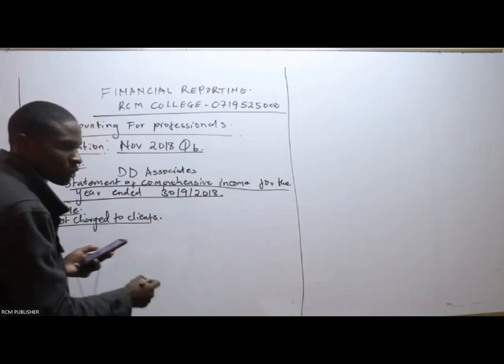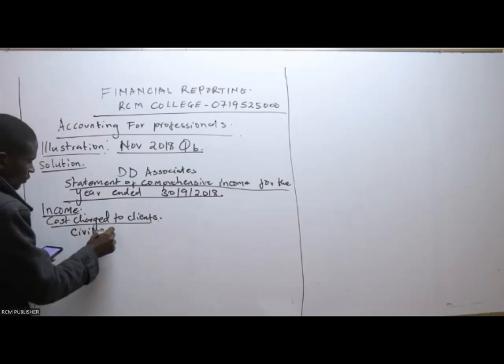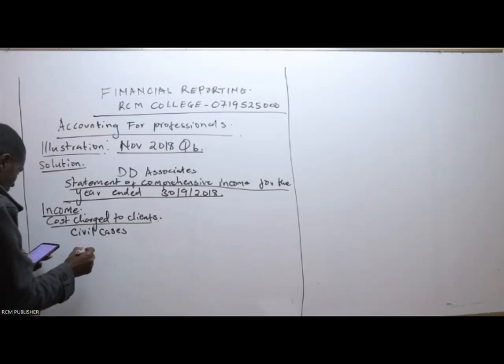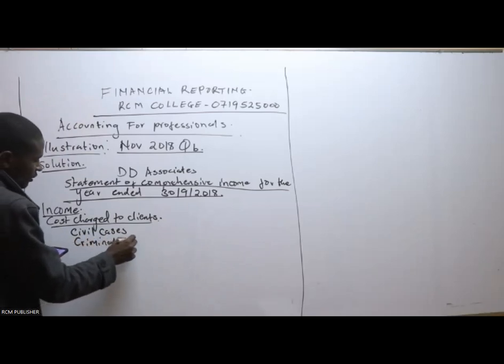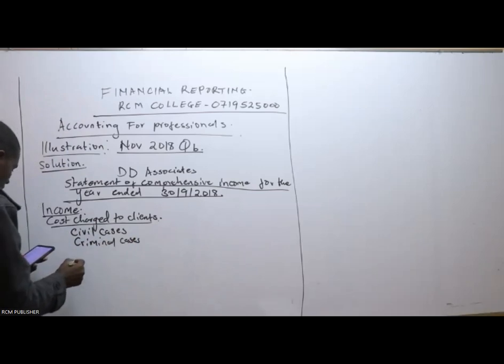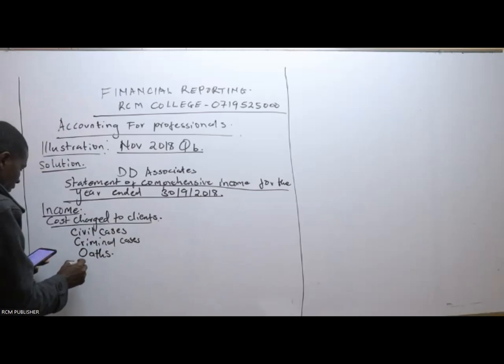The first cost is civil cases cost. Then we have criminal cases. You can highlight them. Then odds, conveyance fees.